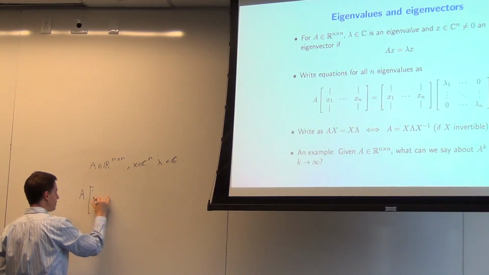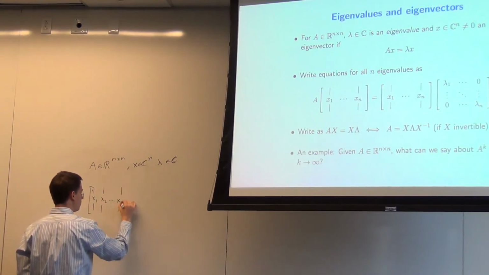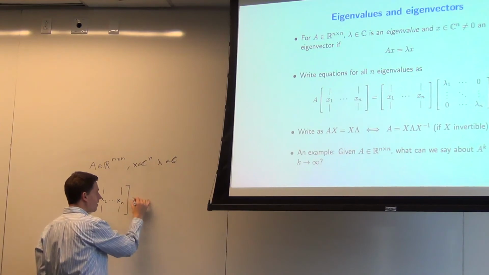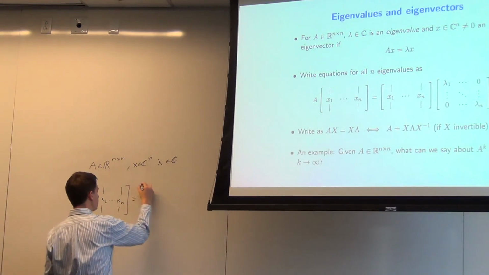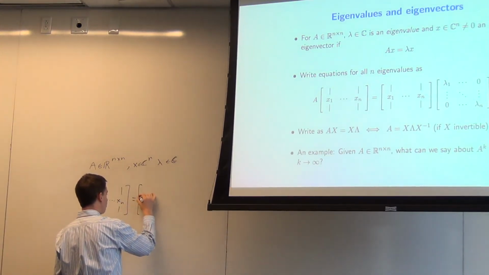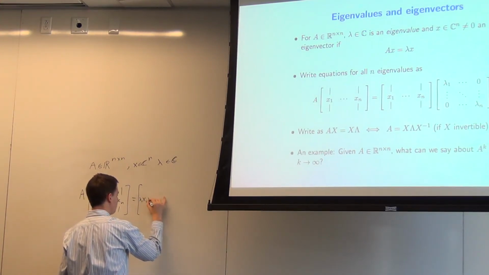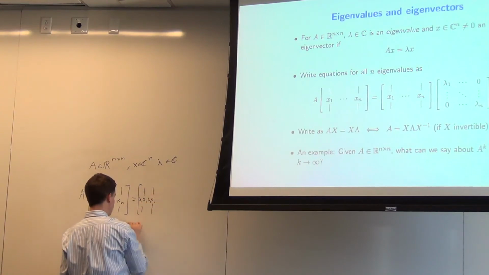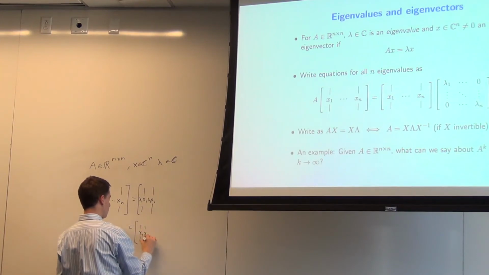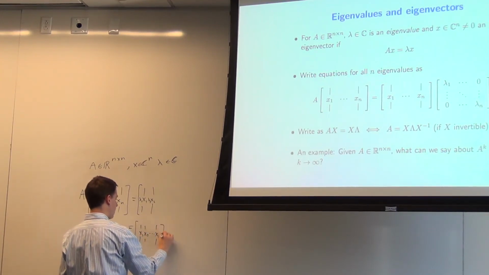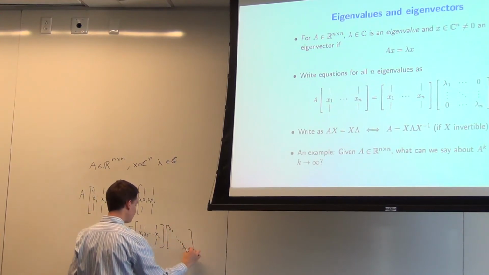We can take that equation and write it down n different times. We form a big matrix where the eigenvectors are the columns of the matrix. This equals the same matrix where each column is scaled by the corresponding lambda: x1 lambda 1, x2 lambda 2, and so on. That is just equal to this same big matrix X times the diagonal matrix of all the lambda values, lambda 1 to lambda n.